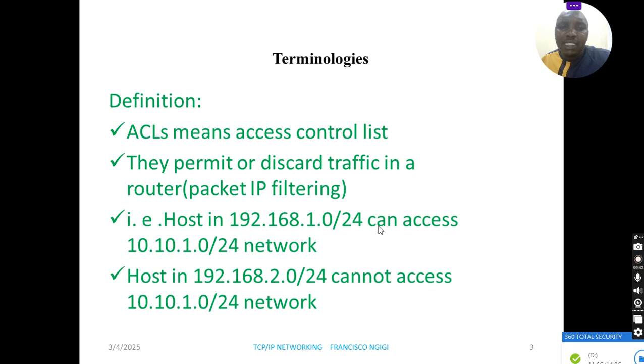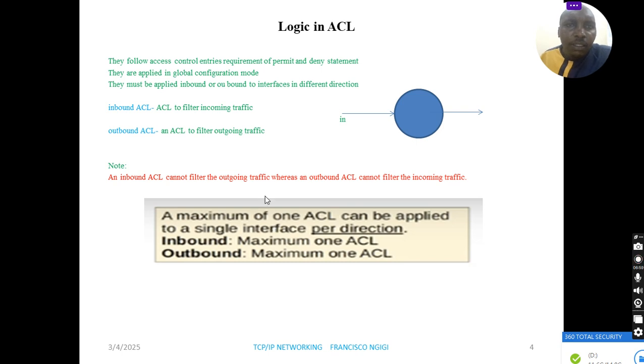On reading that this network meets the requirements, it is going to be permitted, but the next one is going to be denied. So we talk about permit and deny. Logic in ACLs: they follow access control entries, the requirements of permit and deny statements. They are applied in global configuration mode. They must be applied inbound or outbound to interfaces, in different directions.